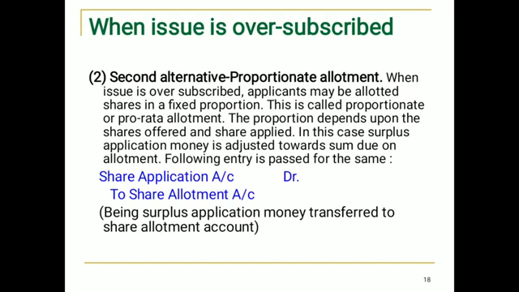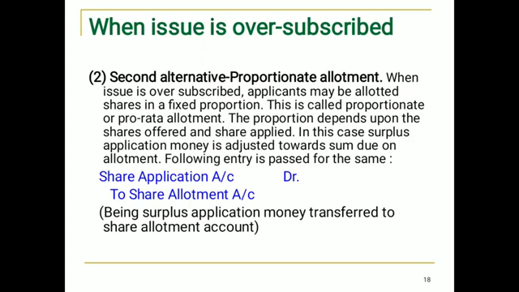When issue is oversubscribed, applicants may be allotted shares in a fixed proportion. This is called proportionate or pro rata allotment. We are also going to have sums for pro rata allotment. The proportion depends upon the shares offered and shares applied. In this case, surplus application money is adjusted towards sum due on allotment.